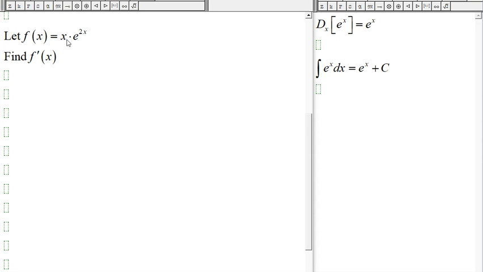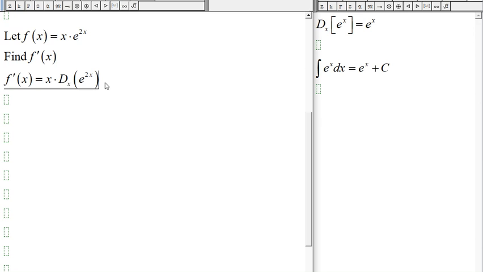Here we have the function x times e to the 2x, and we want to find the derivative. This is a product, and so to get the derivative, we have to use the product rule. The product rule is the first factor times the derivative of the second factor, plus the second factor times the derivative of the first.